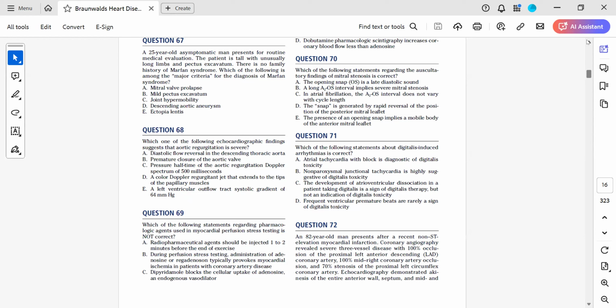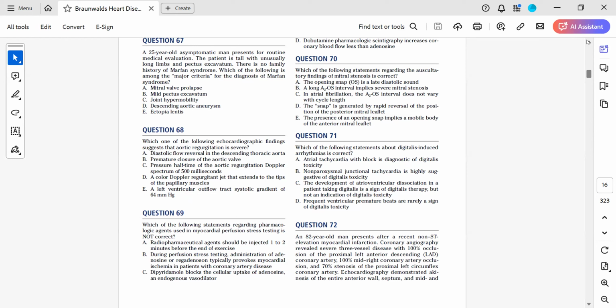But now B, non-paroxysmal junctional tachycardia, is highly suggestive of digitalis toxicity. Any contributions, comments, someone that can remember digitalis toxicity? I think you should read the answer.